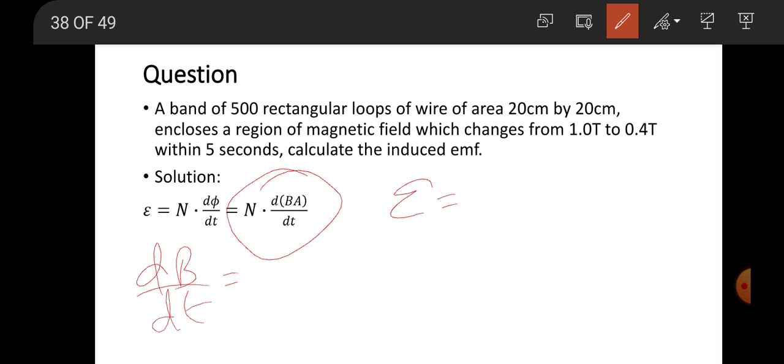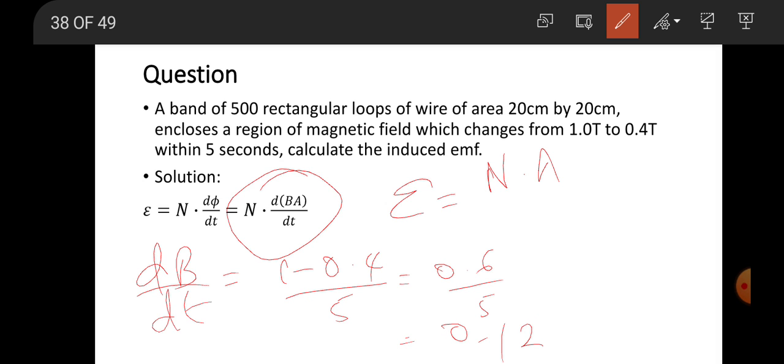That will give us 1 minus 0.4 divided by the time, which is 5. So that is 0.6 divided by 5, which gives us 0.12. So my induced EMF now will be N times A dB over dt. Your N, the number of turns, is 500. Your A is the area, 20 times 20, that's 0.02 times 0.02.